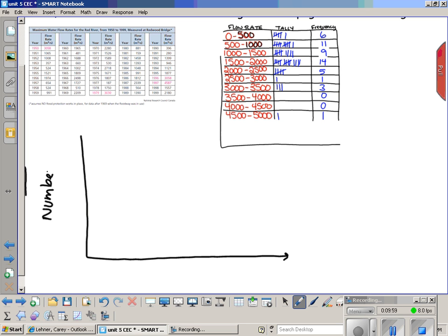So how many years had certain flow rates, or the intervals of flow rates? So this is the number of years that the certain range occurs. And we do need to draw a scale. If we look at our frequency table, the highest we go up to is 14 in a frequency. So we need to make sure that we go that high on equal intervals.